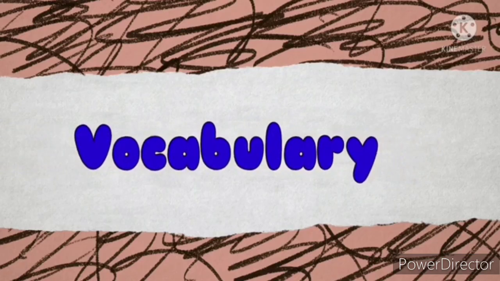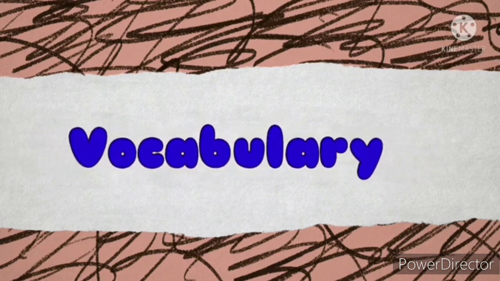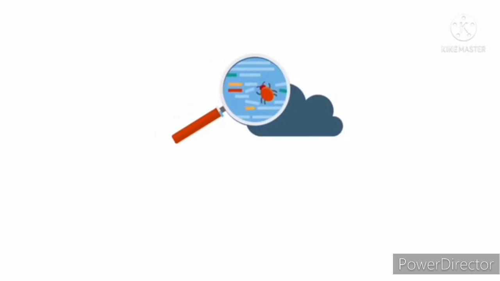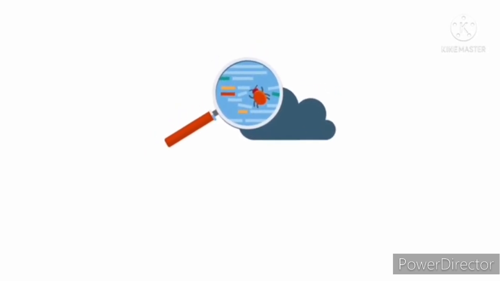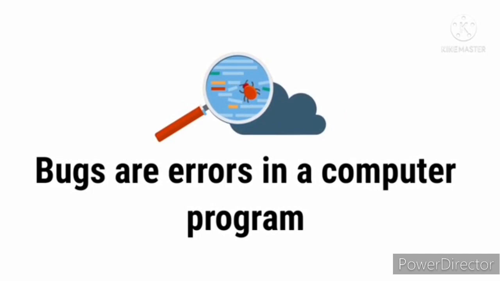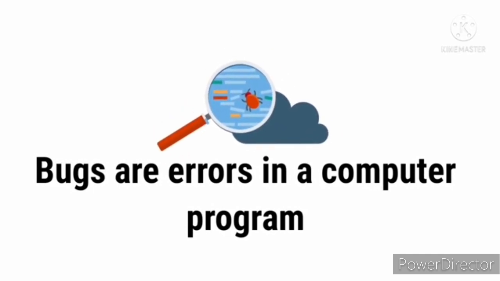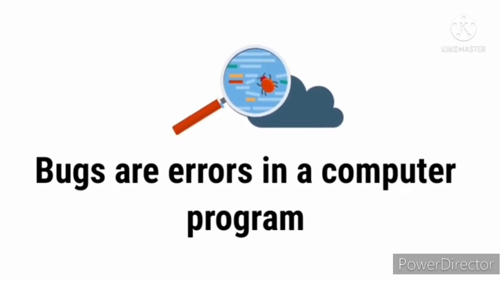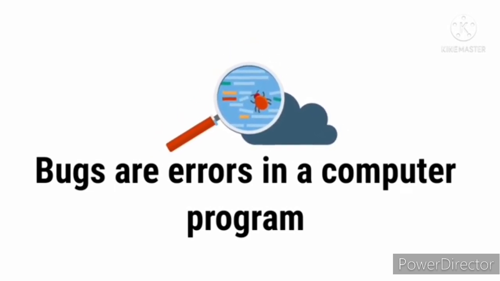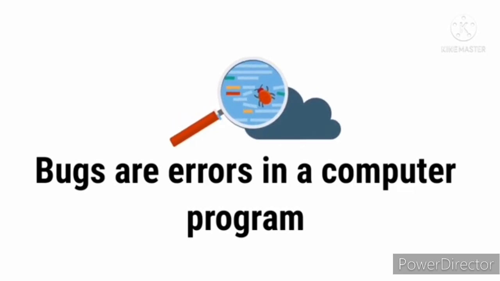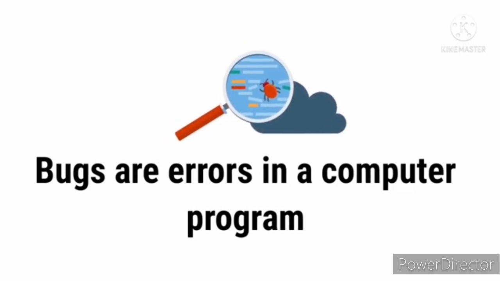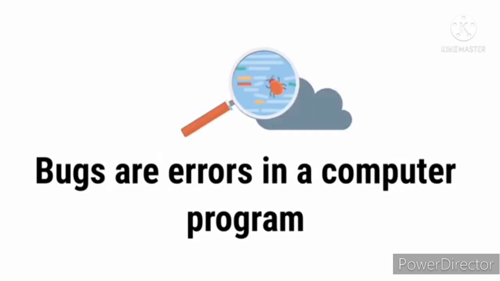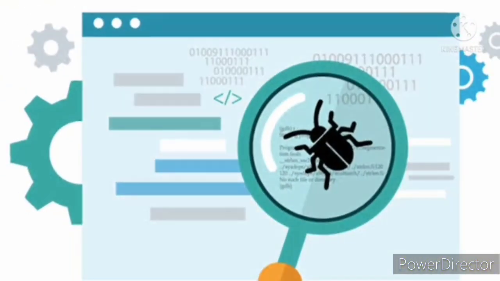Now let's take a look at some vocabulary we need to be familiar with in this programming puzzle. First, we have a bug. Bugs are errors in a computer program. We've learned that previously. These errors have to be debugged, removed for a program to run efficiently and successfully.